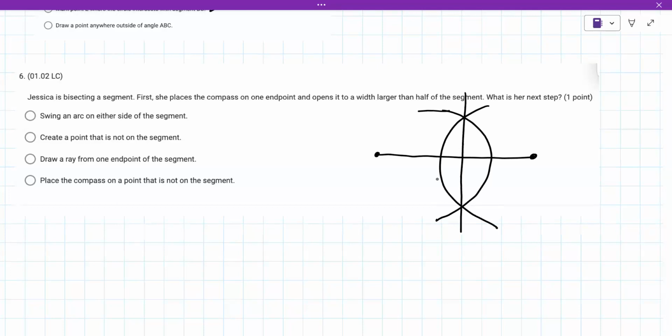And that is what bisects it. So which of these says that, if you start at A to then go to B? Maybe swinging an arc on the other side of the segment. Yeah. You're not drawing a ray, you're not doing that. So there's a few of these that are maybe totally off. You do create a point that is not on the segment when you're making something parallel.